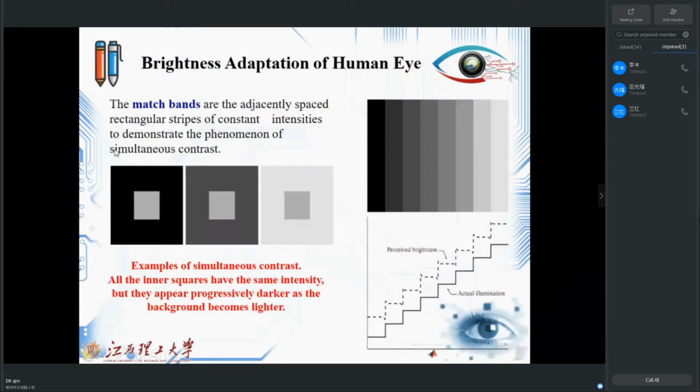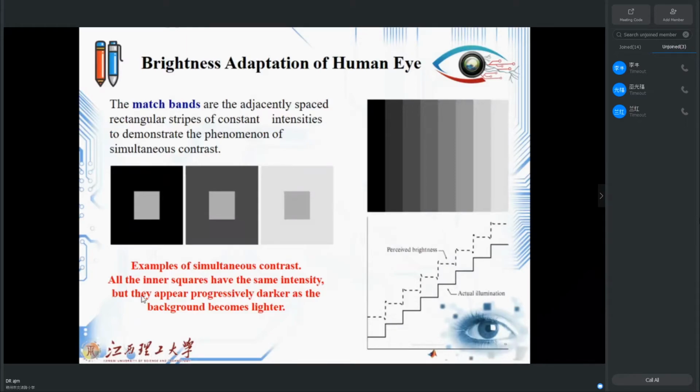Here you will see some example of simultaneous contrast. All of the inner squares have the same intensity, but the outer part is darker and the background becomes lighter, as you will see here.